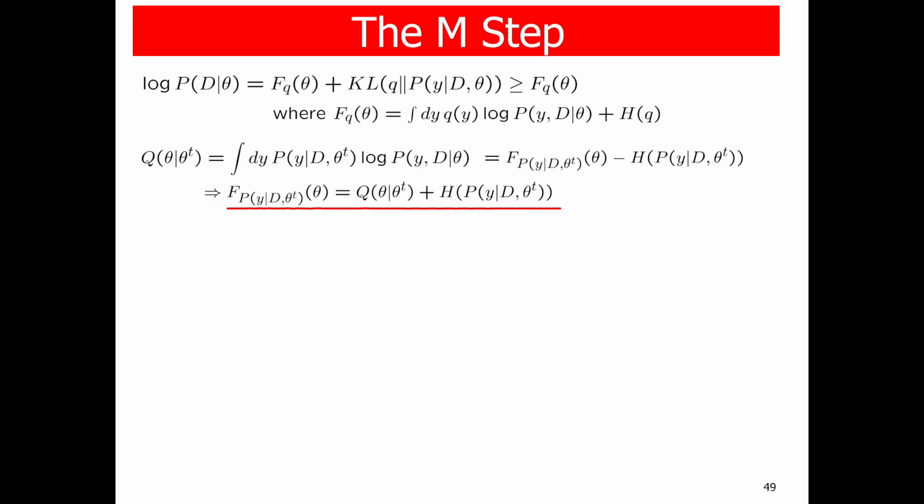plus the entropy. Finally, we are ready to prove that the EM algorithm indeed increases the likelihood function, or in the worst case, at least it doesn't change its value.